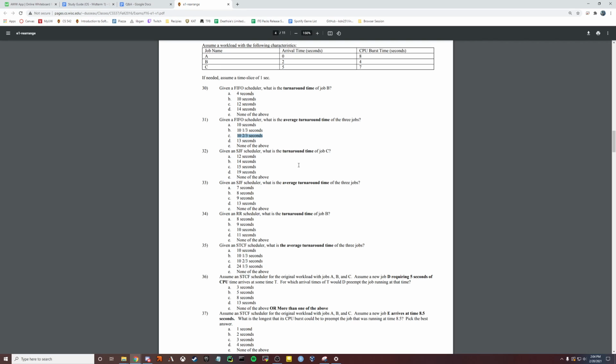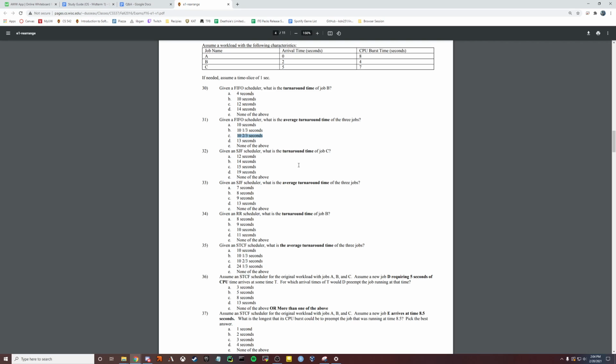Given a shortest job first scheduler, what is the turnaround time of job C? Since shortest job first does not preempt, it should just be the same, right? 19 minus 5, 14 seconds. Hold on, I just want to make sure I'm understanding this.